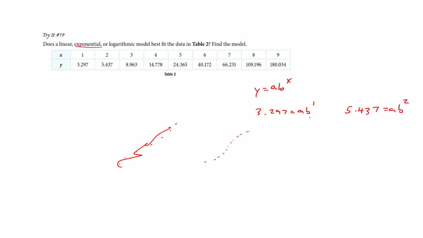If I solve for a, I'd have a equals 3.297 over b. I could plug that value into the other equation and solve. So it actually wouldn't be too terribly hard, but again, I'm not going to put a lot of emphasis on this.